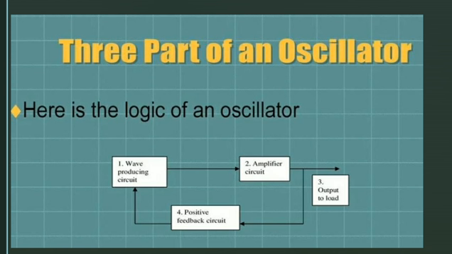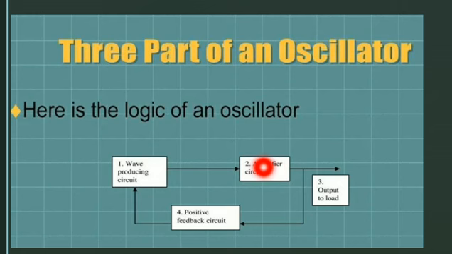Now the three parts of an oscillator. See, an oscillator consists of three major parts: the wave producing circuit, the amplifier circuit, and the positive feedback circuit. The wave producing circuit gives the input signal, and that signal is fed into the amplifier.